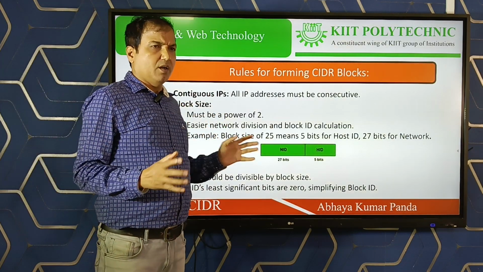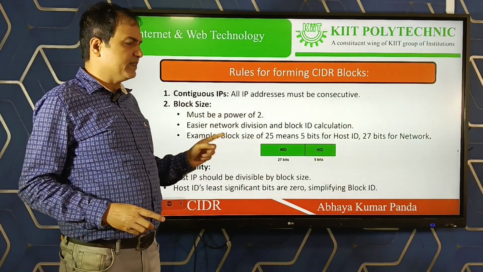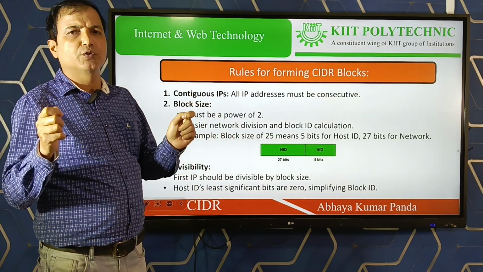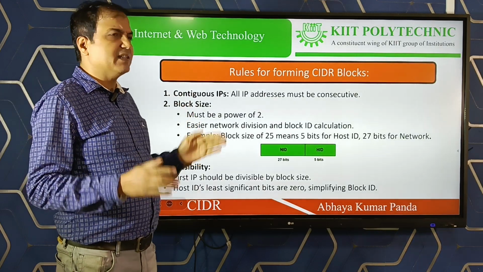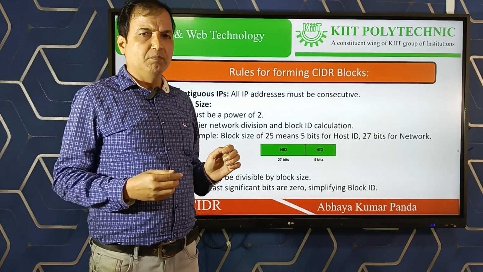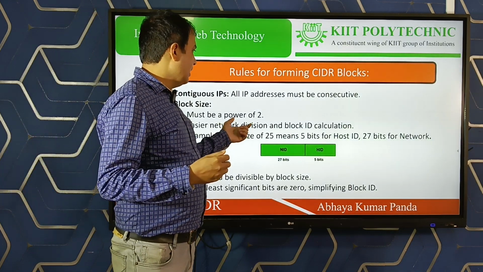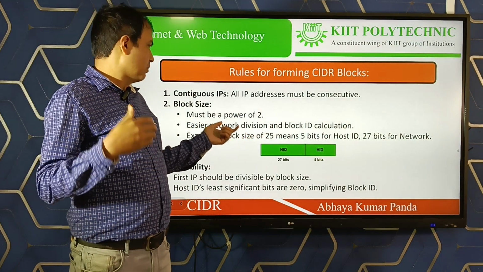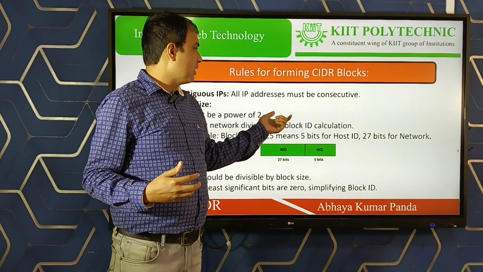To form a CIDR block, we have to follow 3 rules. First, all IP addresses in the block are consecutive, meaning they are sequential in nature. Second, the size of the block should be a power of 2, that is 2 to the power n, because it is easier to divide the network and calculate the block ID.